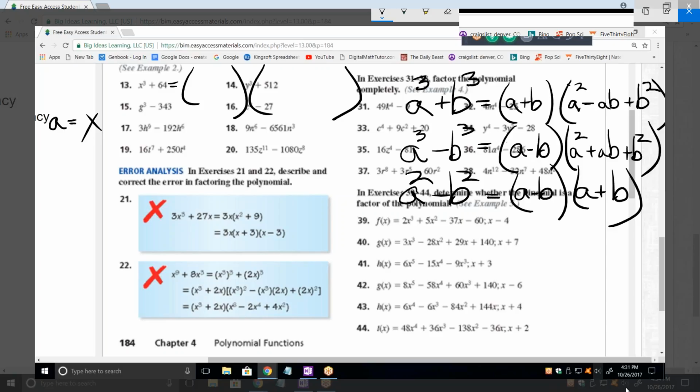A must be X. B is going to be the cube root of that number. In other words, what we're looking at is B cubed. So what is B? Cube root of 64. It's always going to be a small whole number.